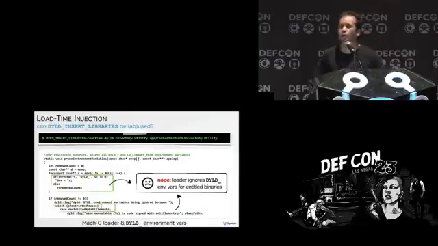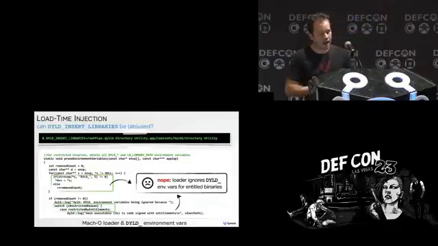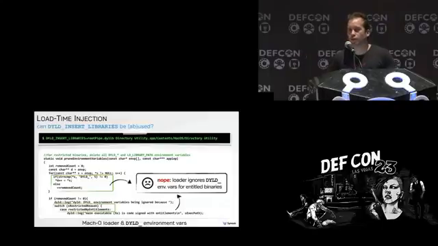I then tried to coerce the loader to load a malicious dylib into an entitled process. OS X has some environment variables, for example DYLD_INSERT_LIBRARIES, which tells the loader to load a malicious or any dylib at load time. This is kind of like LD_PRELOAD on Unix or Linux systems. But it turns out that environment variables are ignored for entitled binaries. Here's the source code from OS X's dynamic linker, dyld, and we can see it calls a method named pruneEnvironmentVariables.